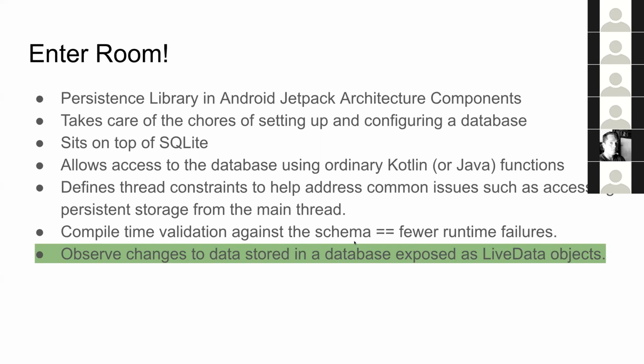But probably one of the biggest things, and really the reason that I would say you're really not doing yourself any favor if you're trying to use architecture components, is that Room can return data from the database in the form of live data objects.